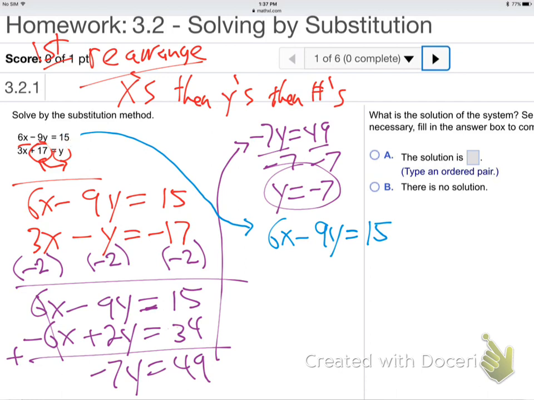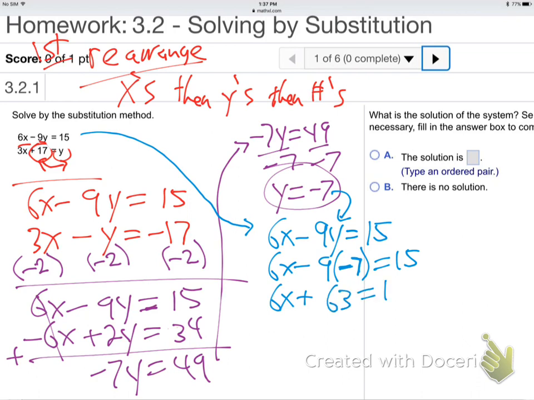Okay, so then plug in the y is minus 7. Plug it in right there. And then what's that? 6x plus, what's that? 63, 7 times 9. 63.